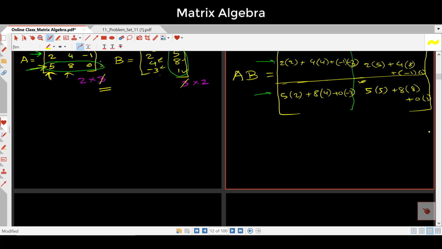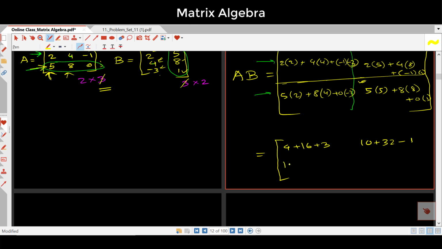Now we are getting 2 times 2, that is 4, 4 times 4, 16, minus minus plus 1 times 3, that is 3. Here we are getting 10 plus 32 minus 1.